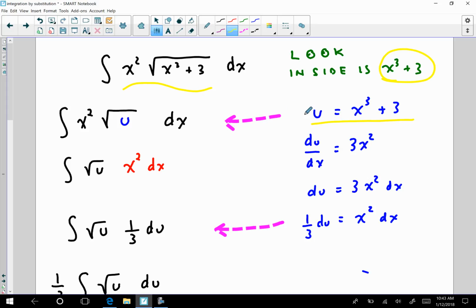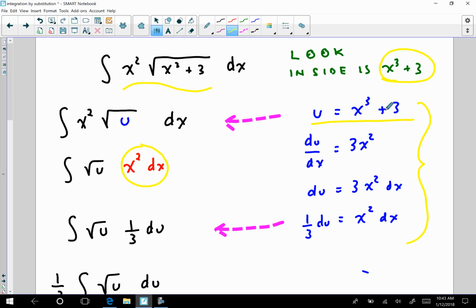And then I'm going to take u and put it into the integrand. So I'm going to integrate x squared, square root of u dx. I'm going to group the x squared dx together. It's a product. Multiplication is commutative. And then I'm going to finish my differentiation problem over here.